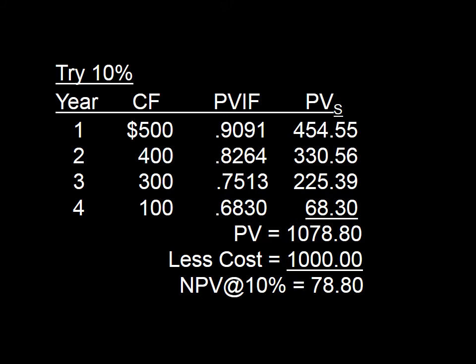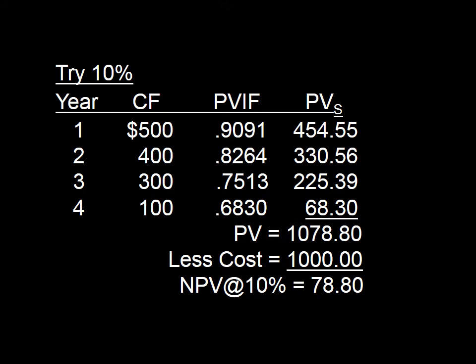Here I take the first $500 and discount it back 1 year at 10%, and I multiply to get my present value of cash flows for year 1. Do the same thing for years 2, 3, and 4, discounting at 10% each year. Total that up to get the present value of cash inflows. Subtract my initial investment of $1,000, and I get a net present value at 10% of $78.80.